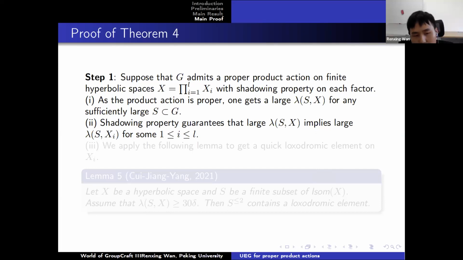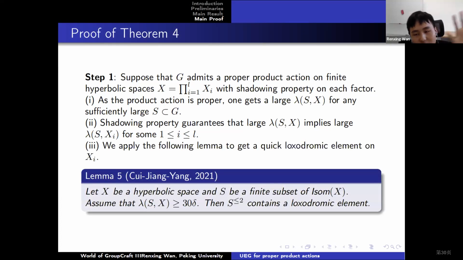Here is the only place that we use our assumption, the shadowing property. And if we get a large displacement on some factor space, we can apply the following lemma to get a quick element. The following lemma is very useful in our paper.